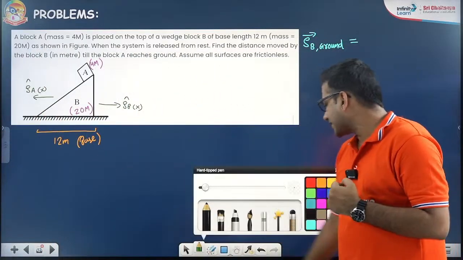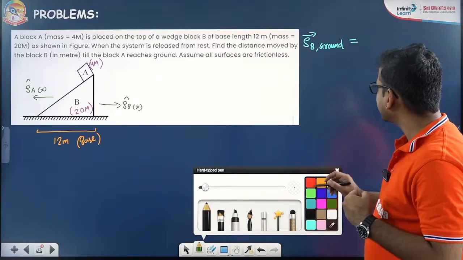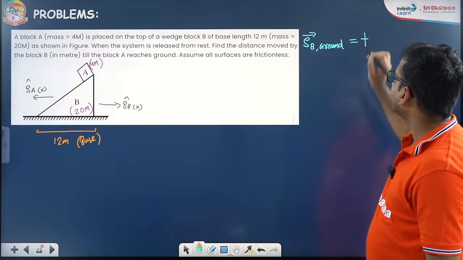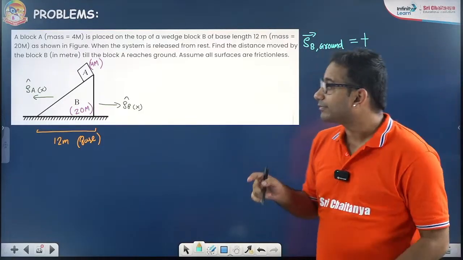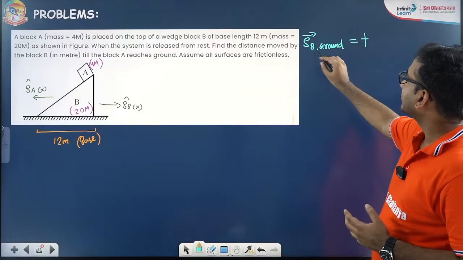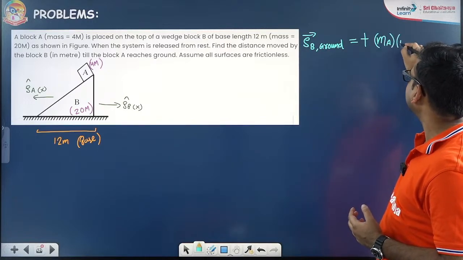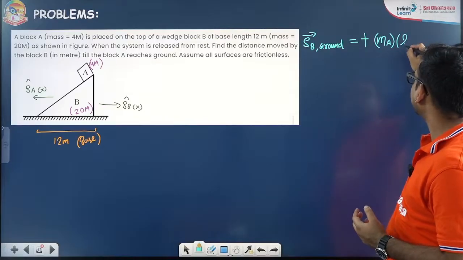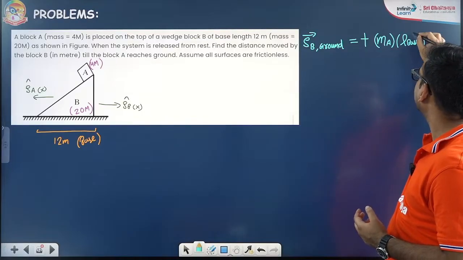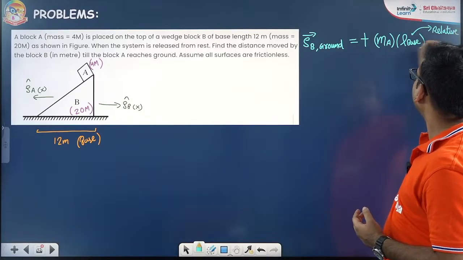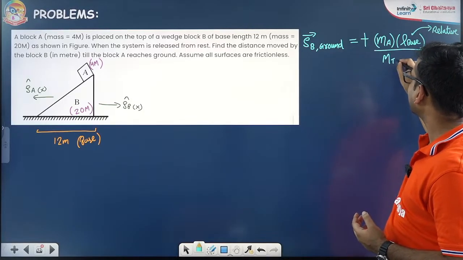So I'm writing the displacement of B with respect to ground. Since it is in the forward direction, it should be positive, and always take the opposite mass. If you are writing the displacement of B, then you should take the mass of A into the length of base, because that is the relative displacement, by the total mass of the system. That is the format, no?